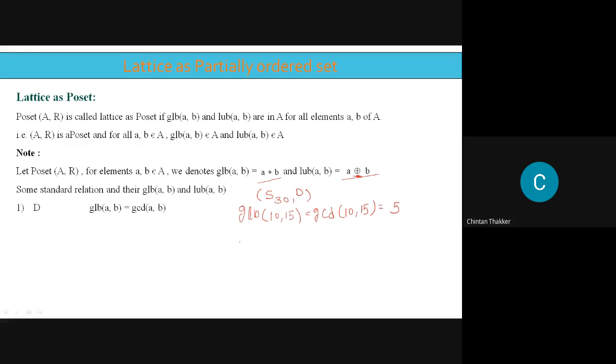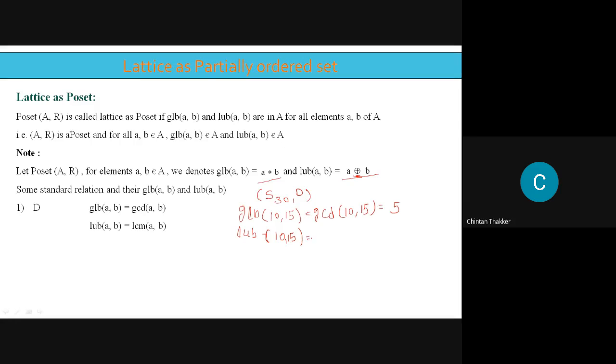Now what is the LUB? The LUB of A comma B is the LCM of A comma B. So what is the LUB of 10 and 15?